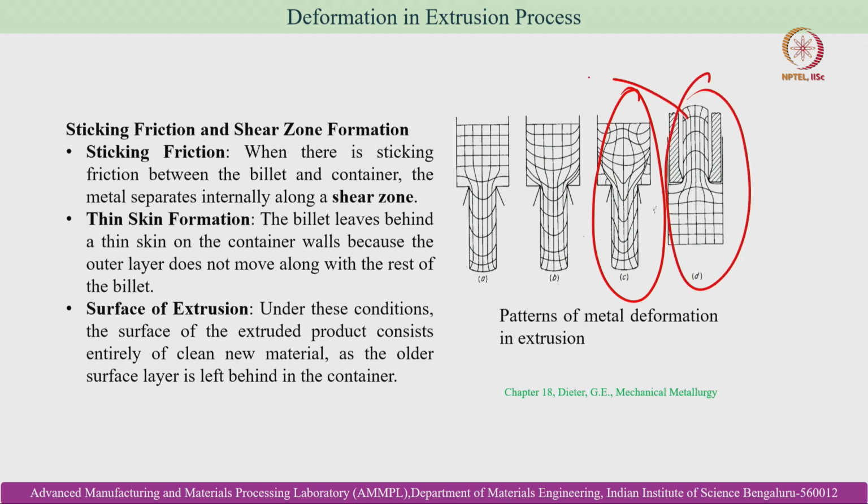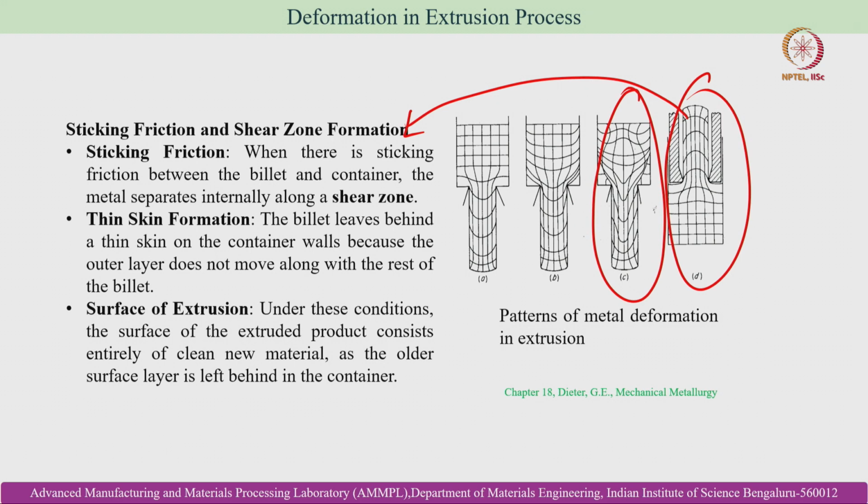Because of this sticking friction at the wall, a thin skin remains within the container, because with higher friction the metal at the interface between the workpiece and the container wall does not move at all.